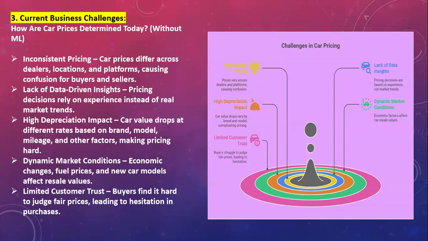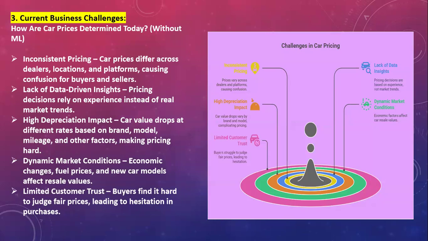This is one business factor that impacts the car price. And then dynamic market conditions, because so many rapid economic changes are happening, fuel prices vary day by day, and new car models affect the resale values. These dynamic market conditions also affect car price prediction. And then limited customer trust.